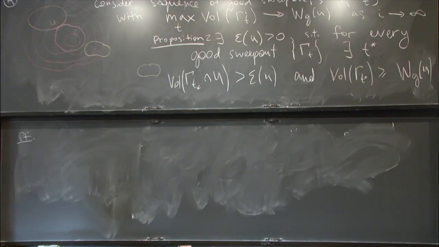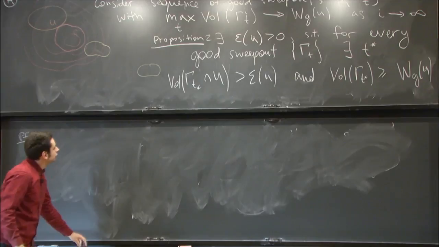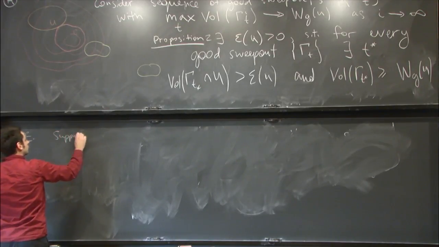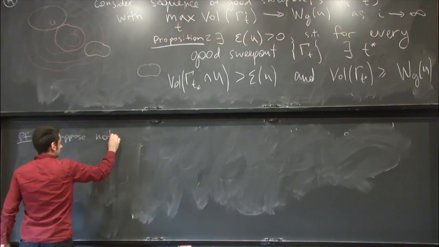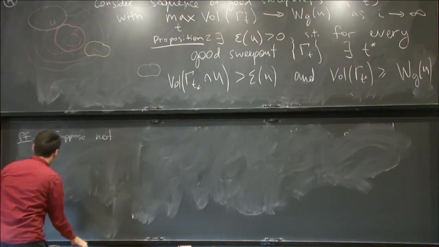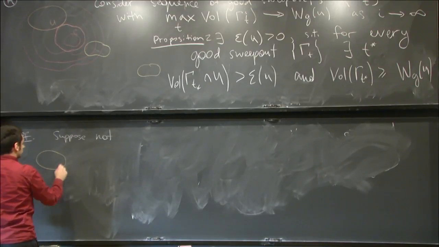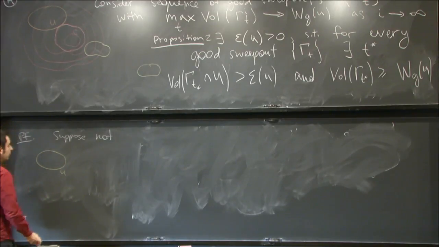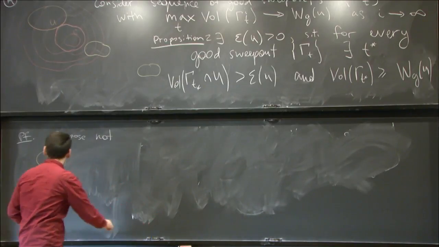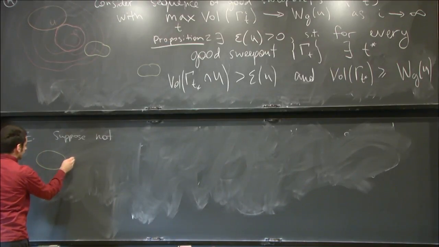Well, what is a really bad situation when it fails? We have our region U, and we have our sweepout. Let me use the red again.